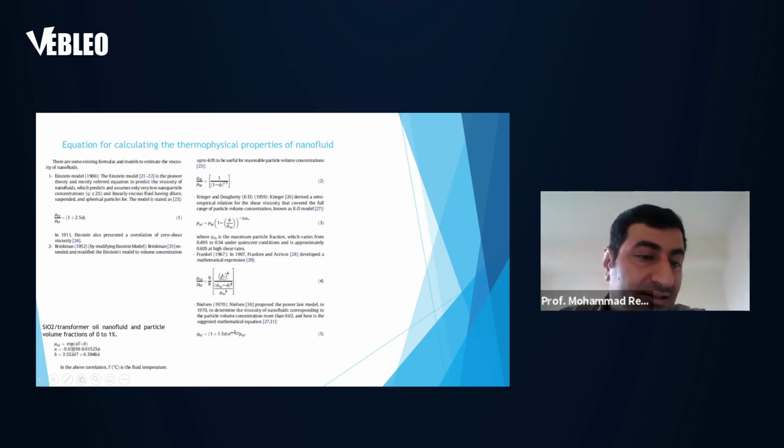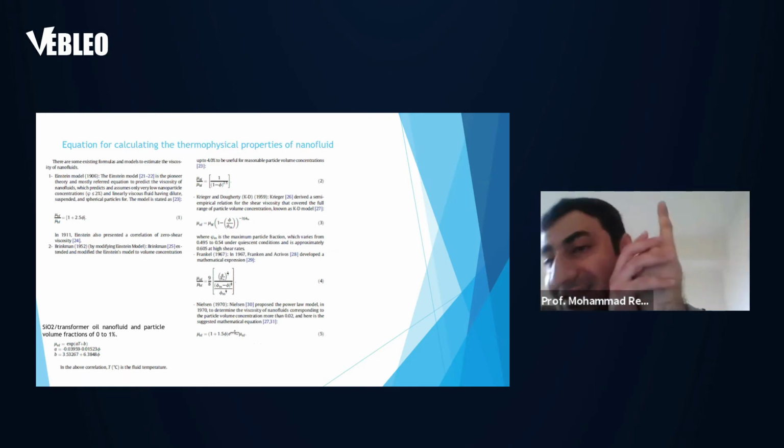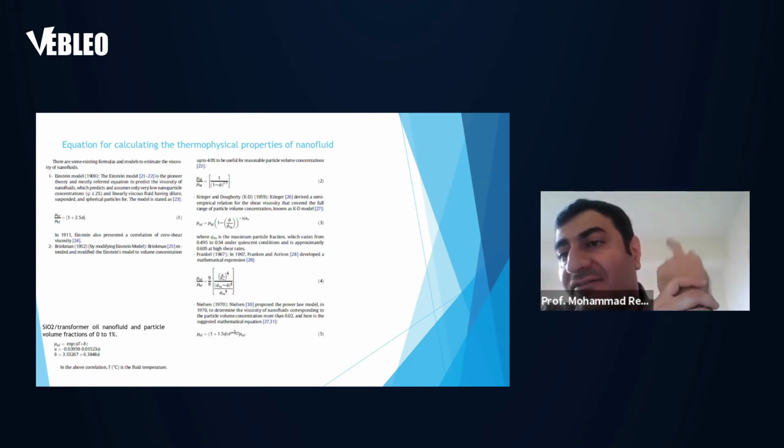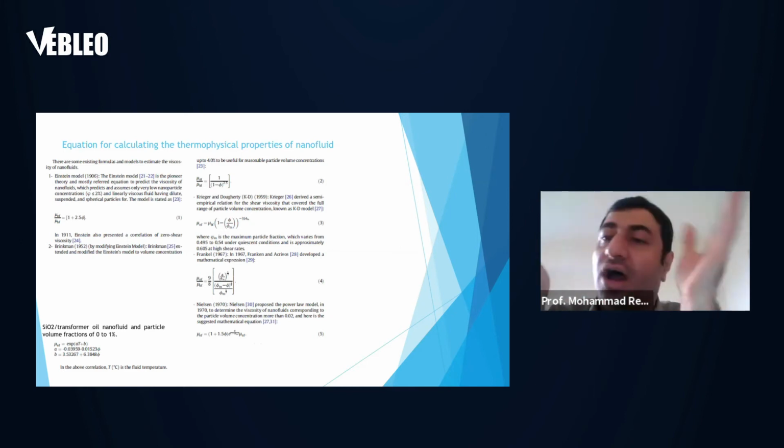For example, this formula works just for SiO2 transformer oil and up to just 1% of the nano, for this specific material and this specific volume fraction, not for others.